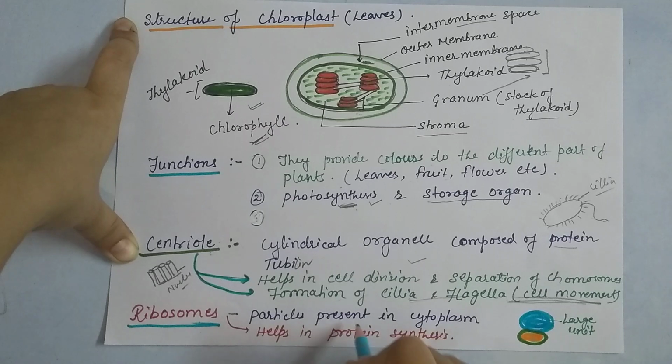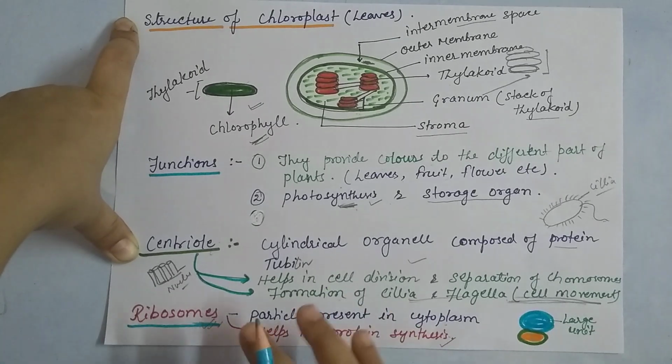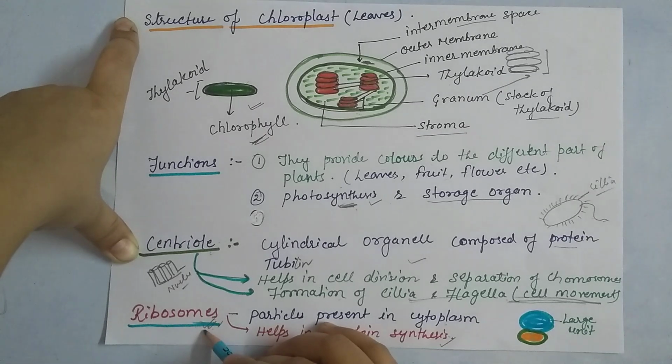These ribosomes are present in the cytoplasm as well as attached to the rough endoplasmic reticulum that you already studied, and they help in protein synthesis. Basically their function is protein synthesis, and these ribosomes are present in each and every organism. Unicellular, multicellular, all types of organisms contain ribosomes.